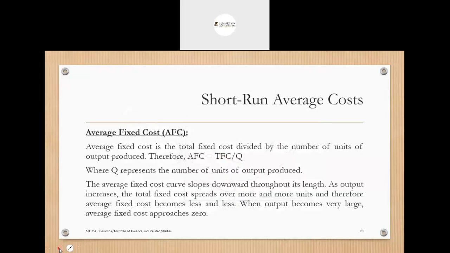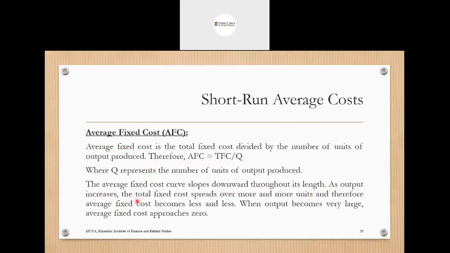Now, we explain these curves. How do they arise? How do we compute them? We start with average fixed costs. We said we obtain average fixed cost by dividing the total fixed cost by output. And like I've mentioned, the average fixed cost curve slopes downward throughout its length.